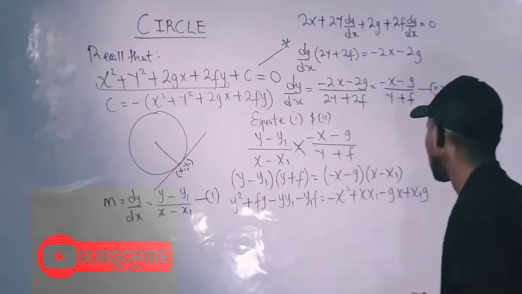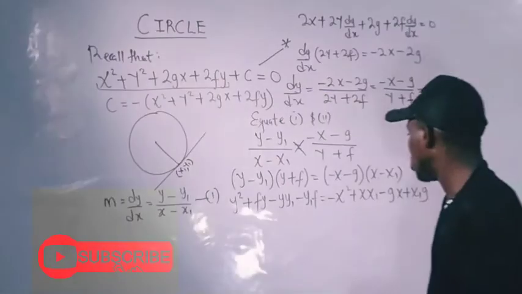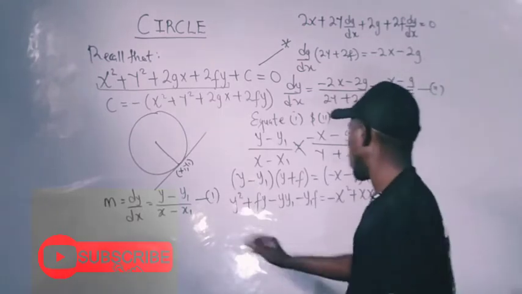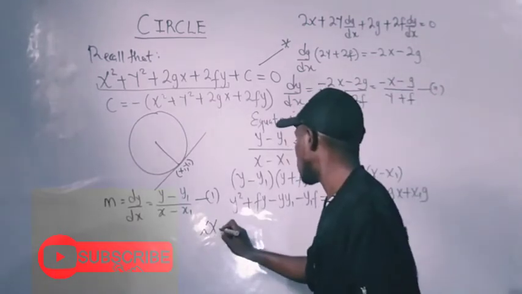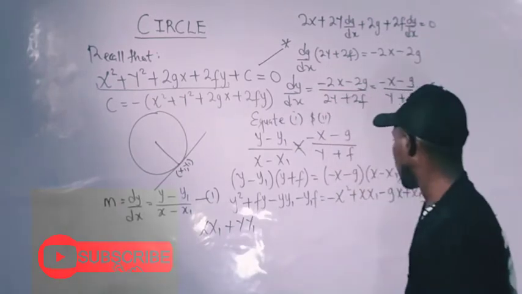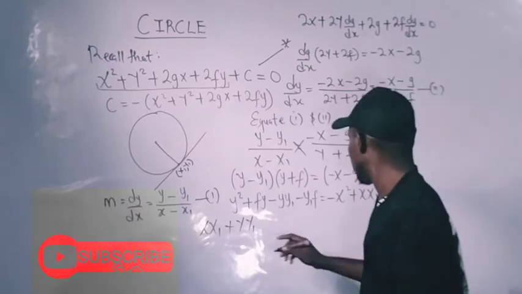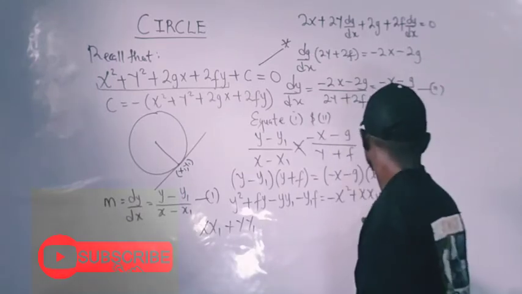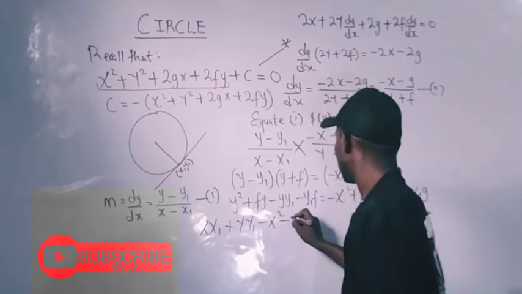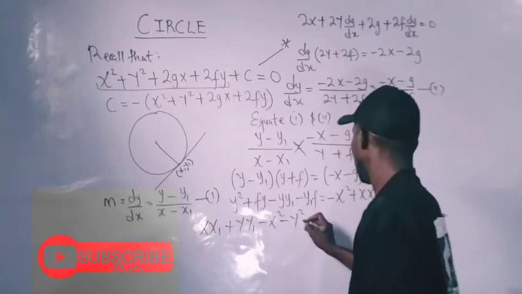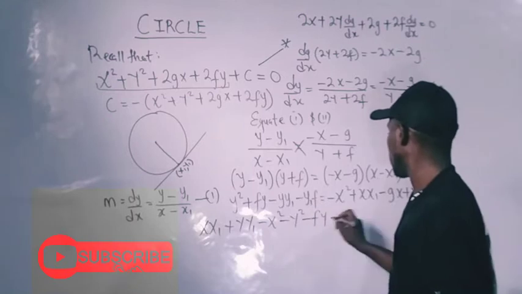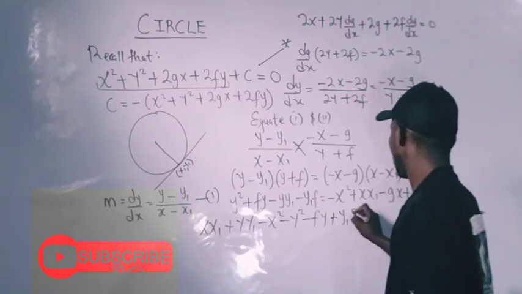Then what do you do next is let's just do a simple manipulation of taking all of this entity to this other side. What do I have? I'll be having xx1, are you following me? Plus y1, are you still there? This guy has gone to the other side, then followed by minus x squared, then minus y squared, then minus fy, then plus y1f.